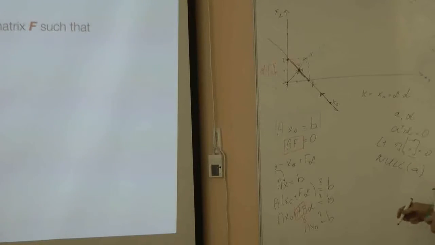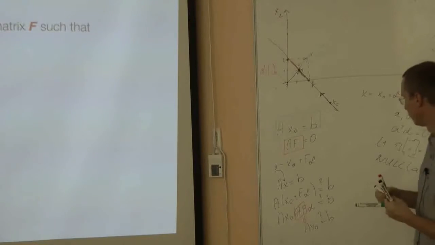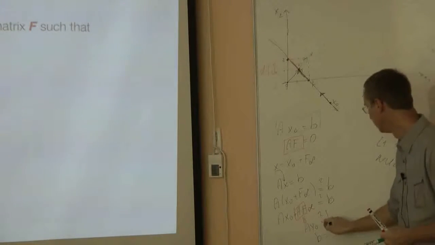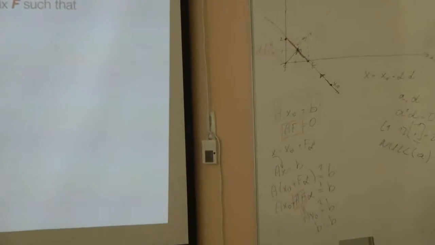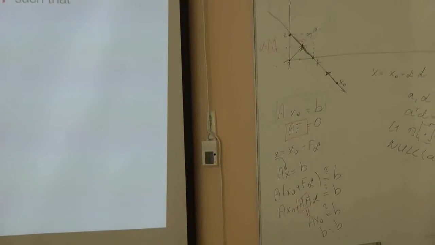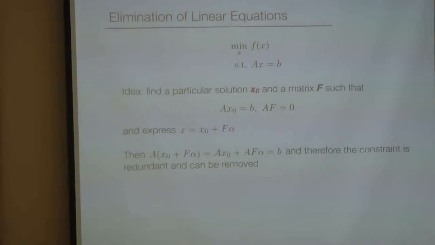So it can be said that Ax0 is equal to B. So that's why we have that B is equal to B. And that obviously is always satisfied. So with this parameterization, we can remove the equality constraint. So that's what is said here.